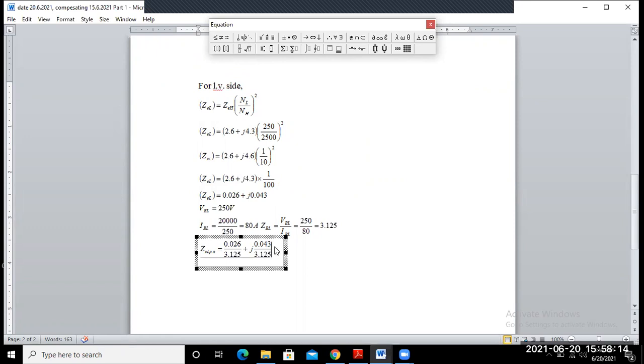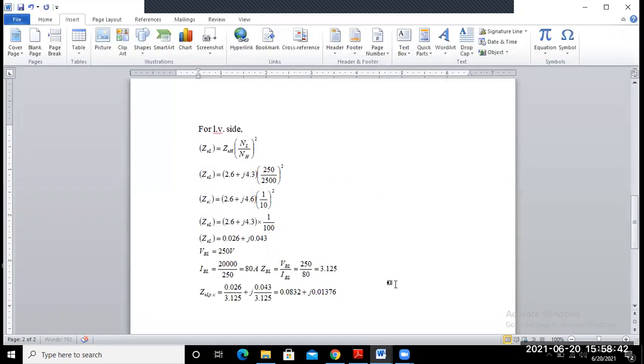Okay, so this is similar to the ZEH per unit, that means the high voltage side per unit value. So this becomes 0.0832 plus j 0.01376, okay, in per unit.